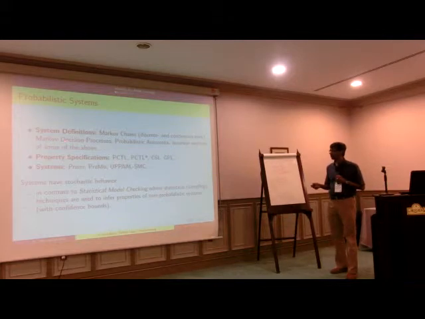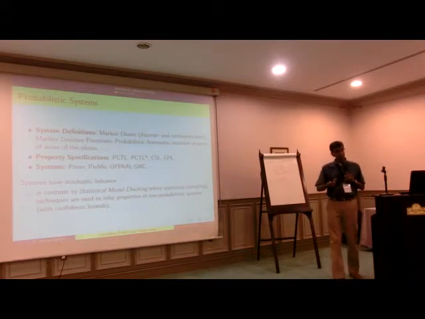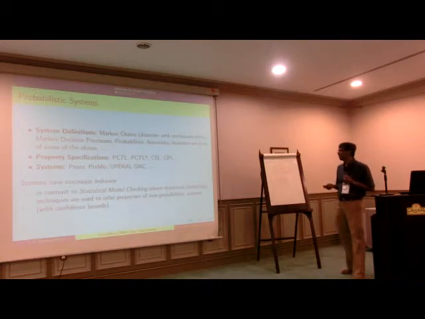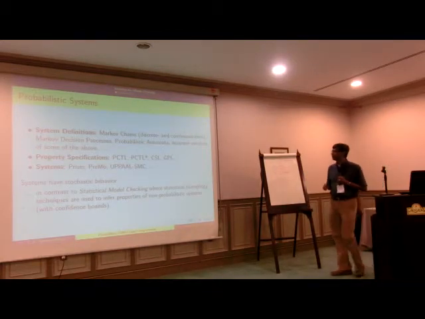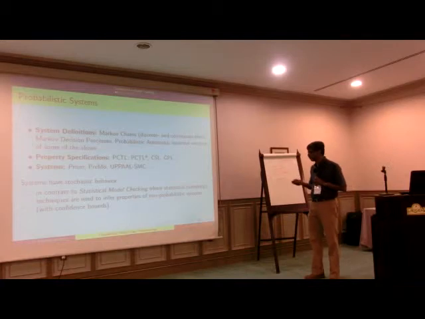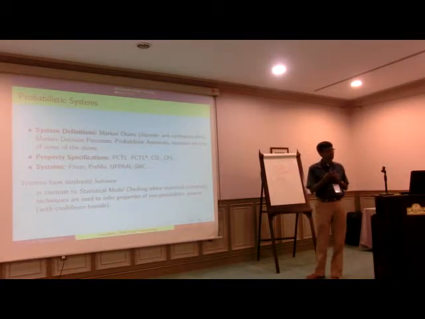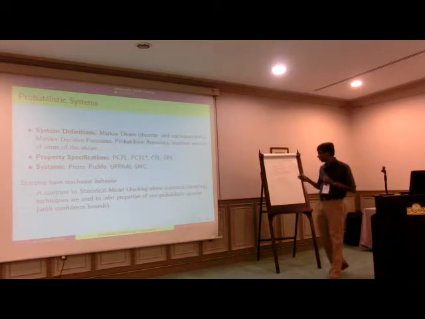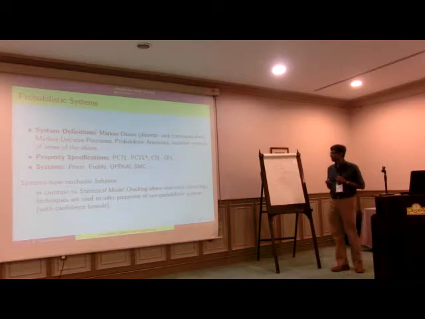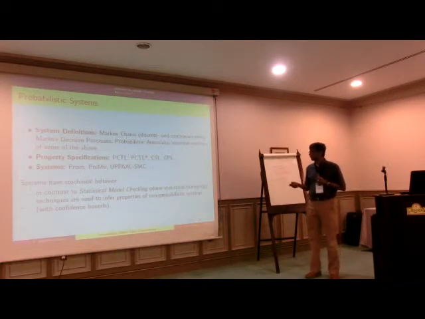There are also Markov decision processes, where at each state you have choices to make, and each choice will lead you to a distribution of states. There are various formalisms that people have come up with. Similarly, there are temporal logics for specifying properties, like PCTL, a simple probabilistic computation tree logic, to something more general than that. There are a number of model checking systems as well.